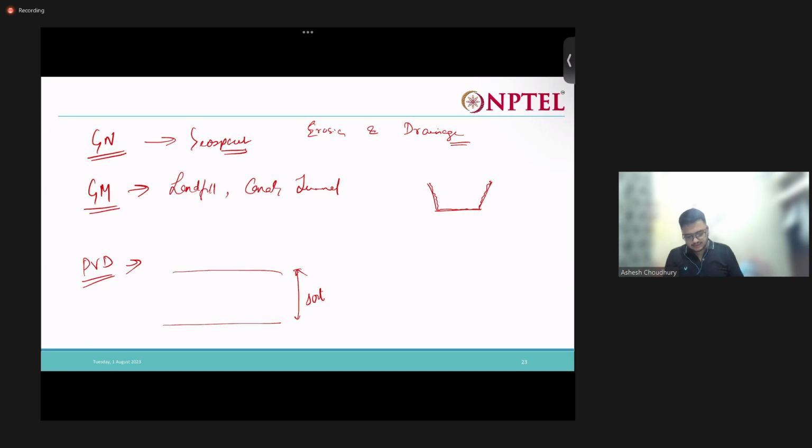Say this is impervious. So if there are no PVDs, the water has only one drainage path, which is this, to come out of this. The water only has one path to come out.